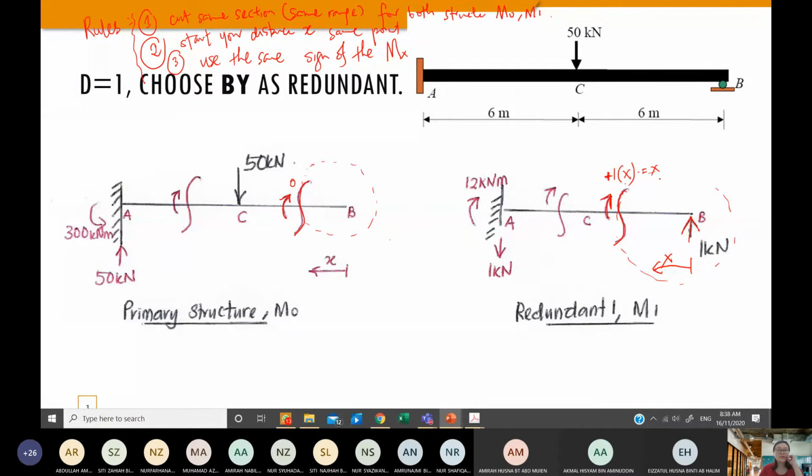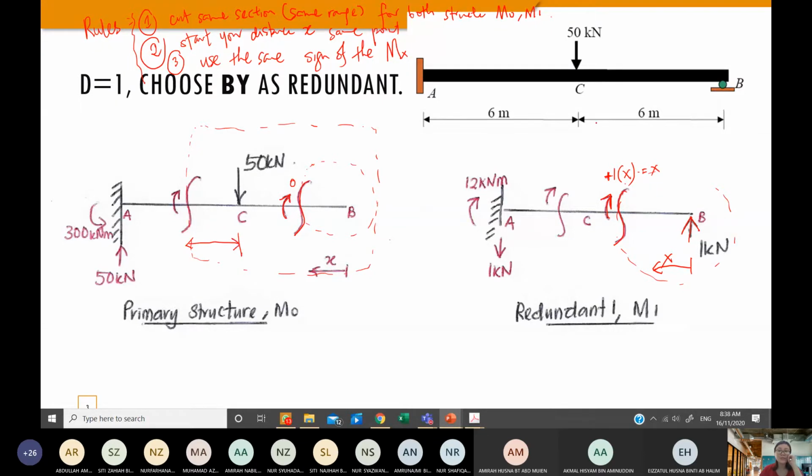Now I'm considering another section, AC or CA, and again I'm considering the right section. I draw another rectangle. This is the section that I considered, and I have this 50 kilonewton at my section, so I need to know the distance to this cut section.